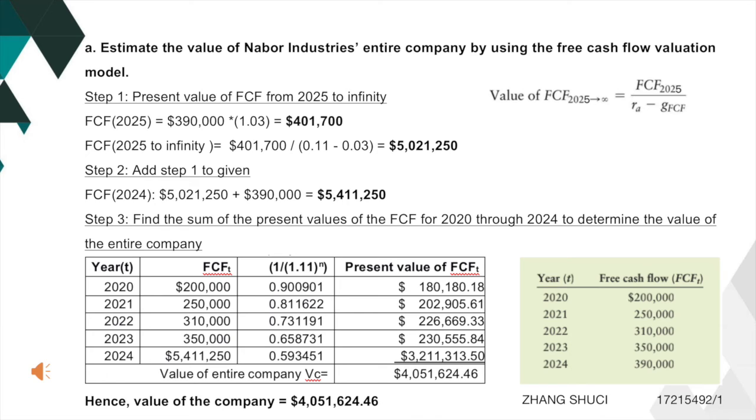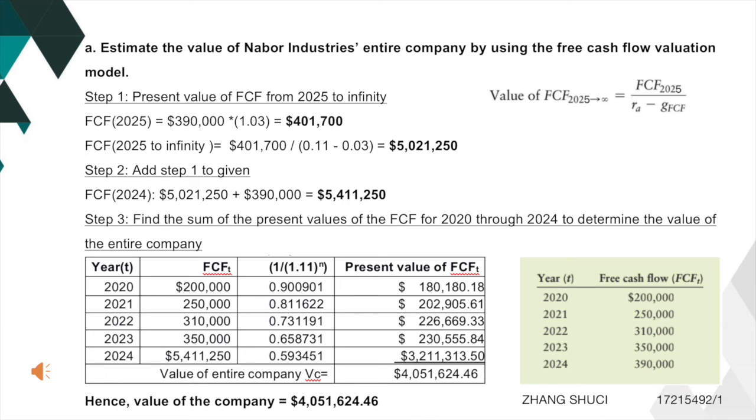For this question we will use 3 steps to calculate this difficult question. In step 1, we will calculate the present value of free cash flow occurring from the end of 2025 to infinity, measured at the beginning of 2025. We will use one formula, which I have put on the right side of the slide. First, we calculate the free cash flow for 2025, and we get 401,700.